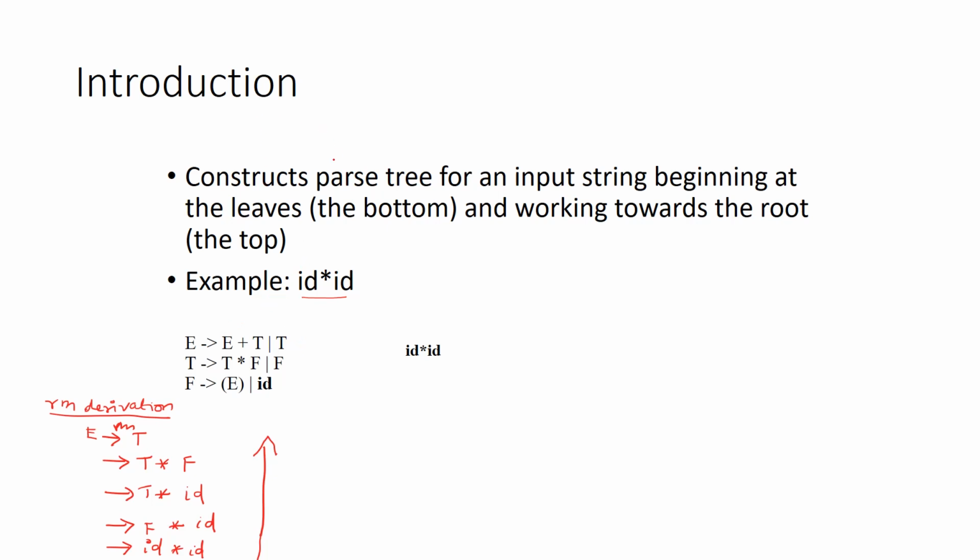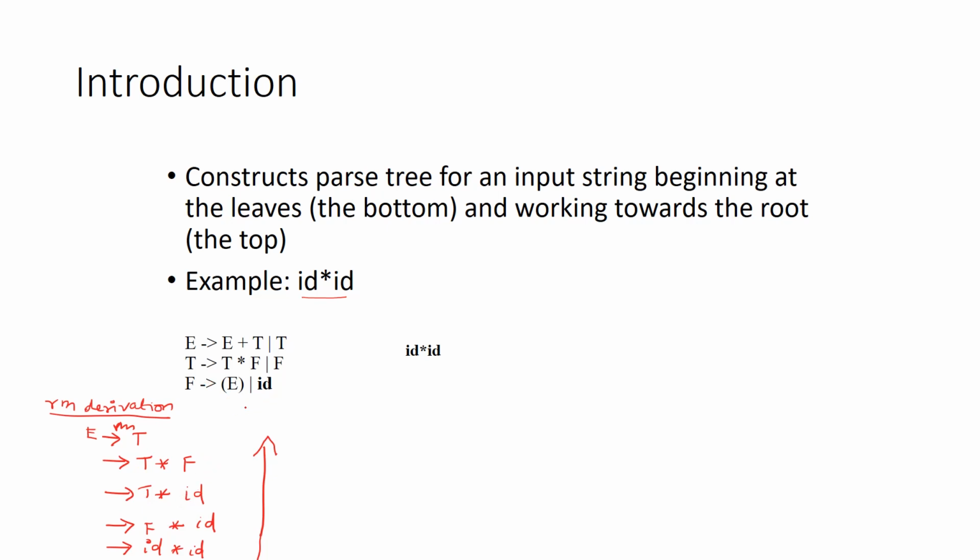Normally, when we consider a bottom-up parser, it is a process of reducing a string W to the start symbol of the grammar. So this is your string, and this has to be reduced to the start symbol of the grammar. If you want to derive this word, when you apply rightmost derivation, we start with the start symbol E. E derives T, and T derives T star F, and since this is a rightmost derivation, we replace F with ID.